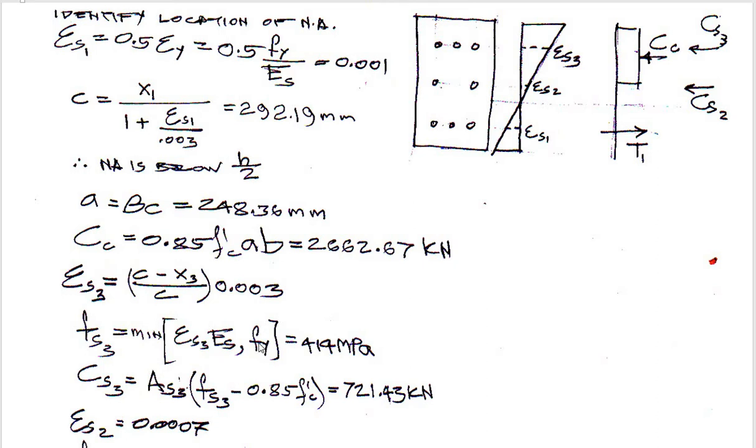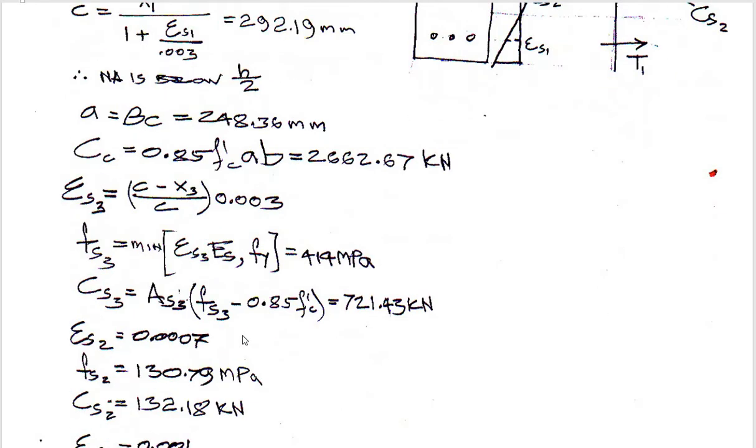Lumalampas na mas malaki si FS3, si actual FS3. Kaya, pinili niya yung 414. Next, so, compression in steel 3 is equal to AS3 times 414 minus 0.85 F prime C is equal to this.